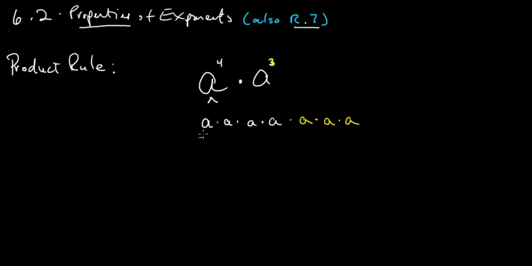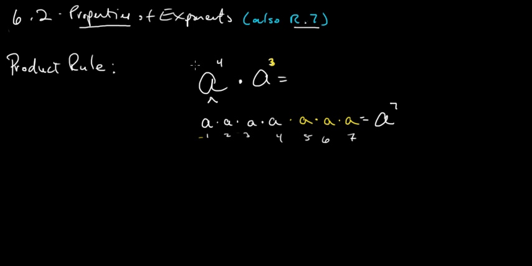So a to the fourth is here, a to the third is here. And if I multiply those together, I will realize that I have a to the 1, 2, 3, 4, 5, 6, 7th power. So a to the fourth times a to the third is a to the 7th power.